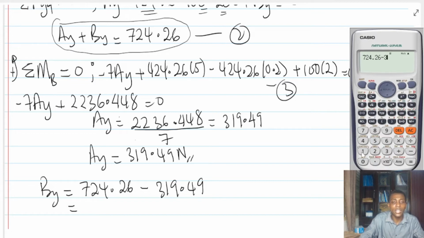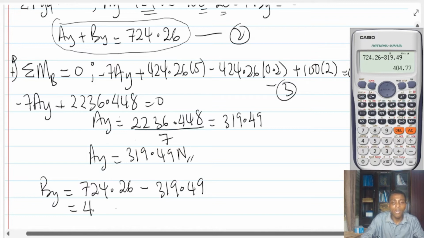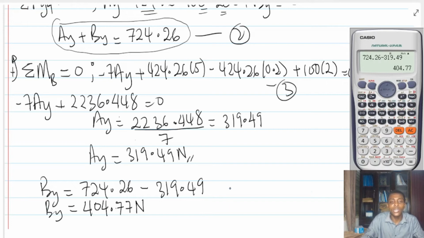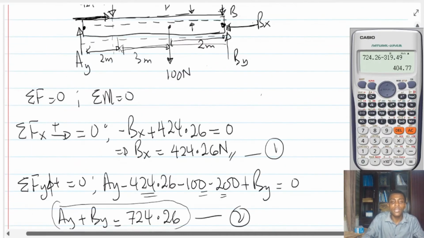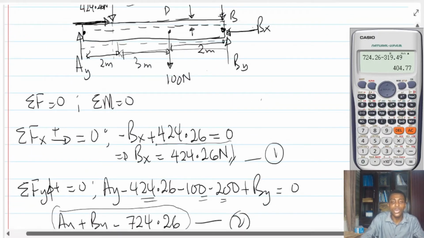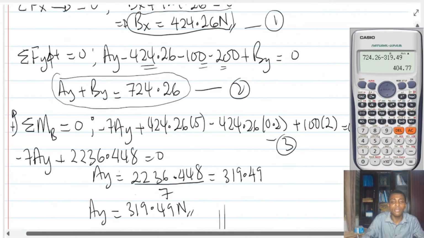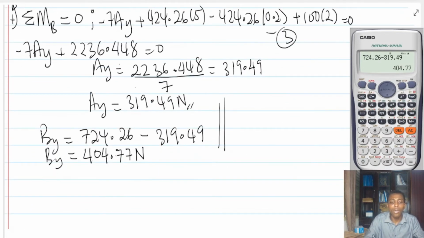I'm going to get 404.77 newtons, and that is my BY. So I've been able to solve for the reactions at A and B. Bx is the first thing I was able to do, and then I was able to find By and then Ay. All right, let's look at the next problem.